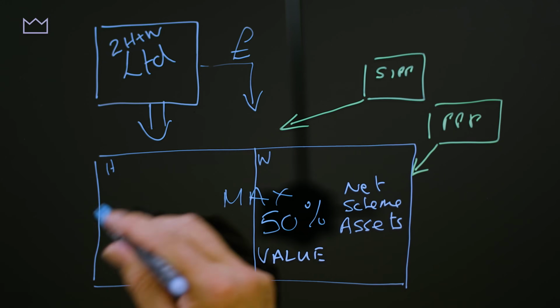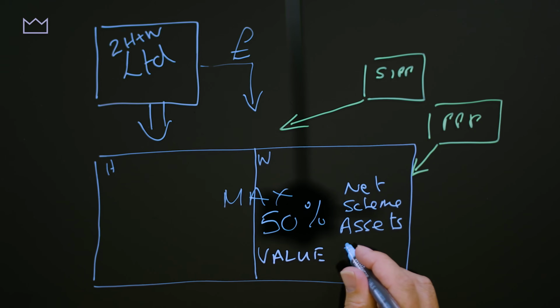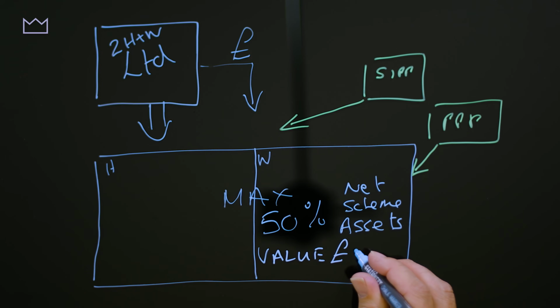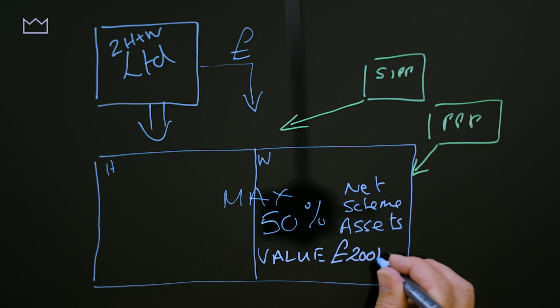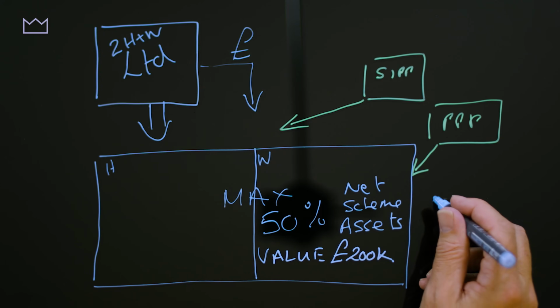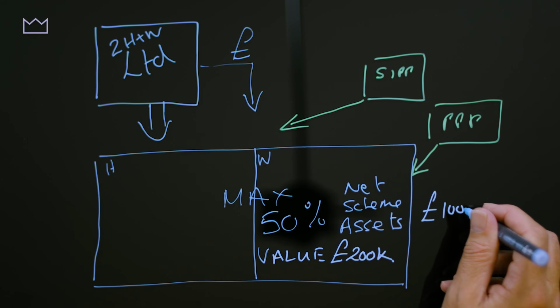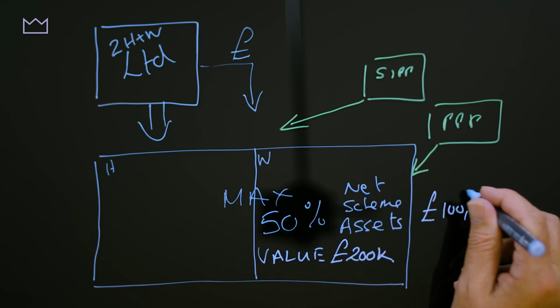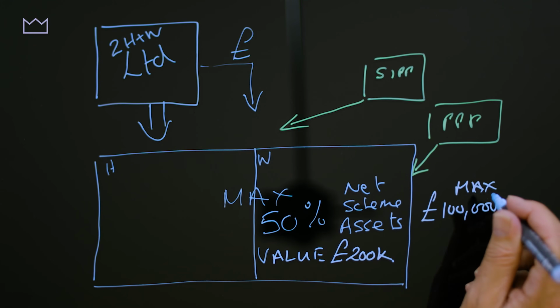If the value of this SSAS, and don't forget it's a combined value, it's the SSAS doing it as one, let's say the value here is £200,000, which is contributions and transfers that have come in, then clearly the maximum loan back to the sponsoring employer would be £100,000. So that is your max that you can do.